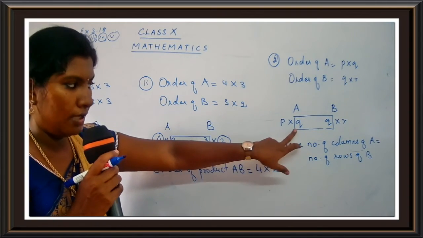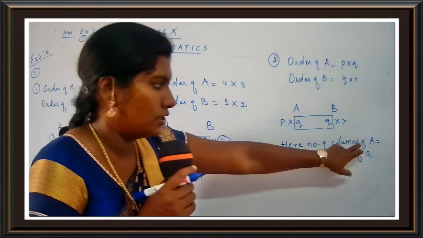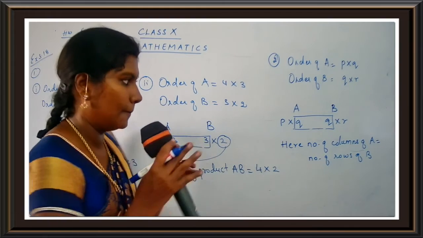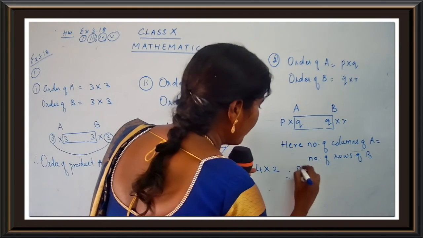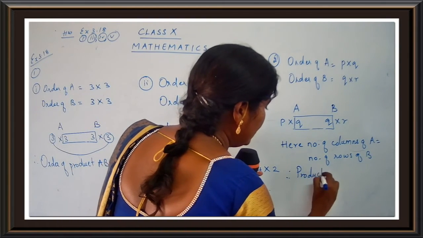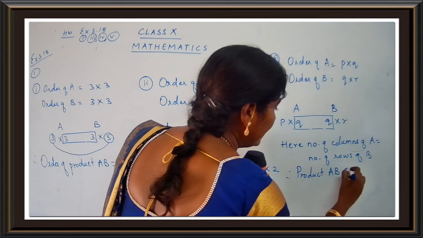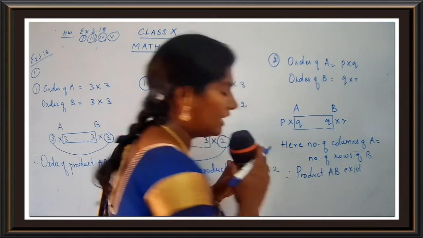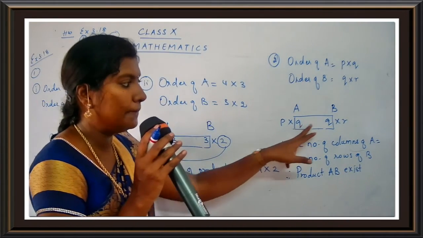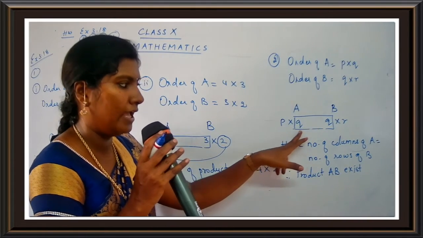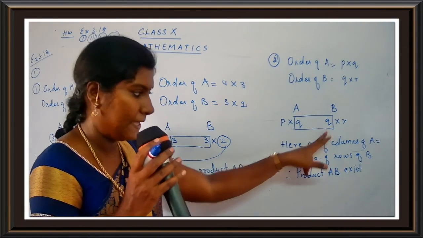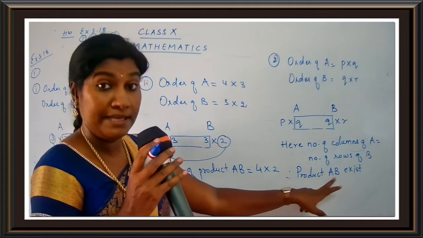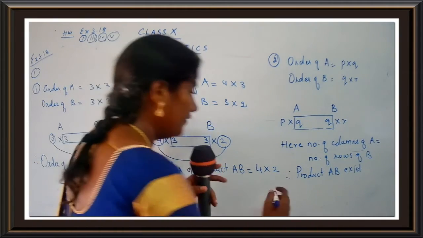So the number of columns of A is equal to the number of rows of B. Therefore, product AB exists. We can find AB. Yes, children? Why can we find the product? Because the middle part, the column of A, is equal to the row of B. Therefore, product AB exists.